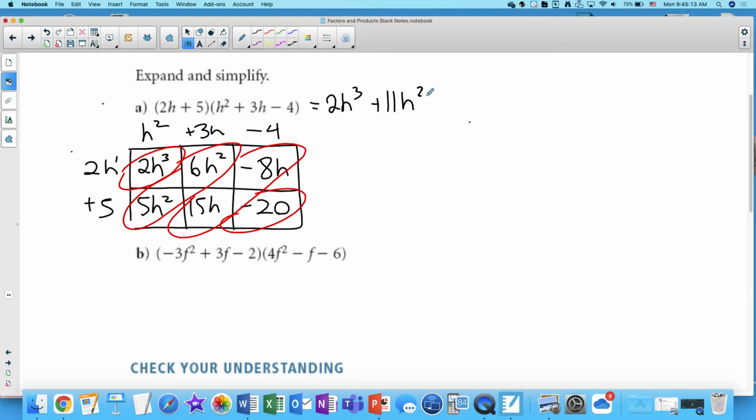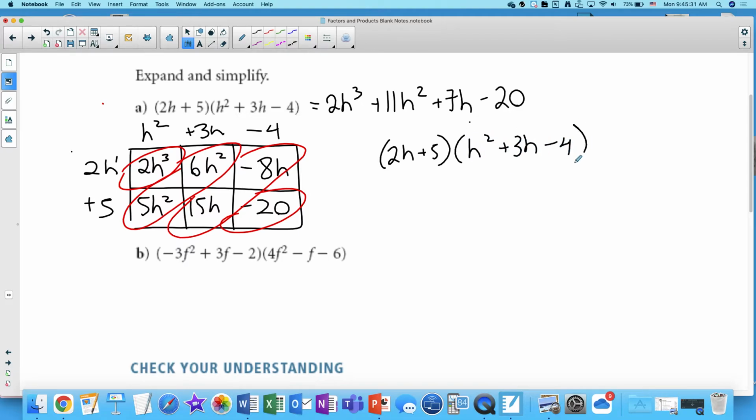Okay, now if you use distribution, no problem, we can do that too. Okay, but now when I take each term in here, I have to distribute it to 3 terms in the other bracket, right?